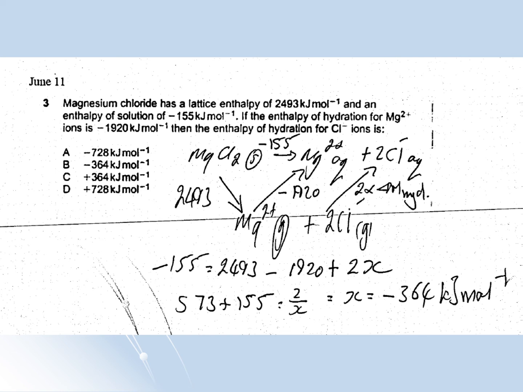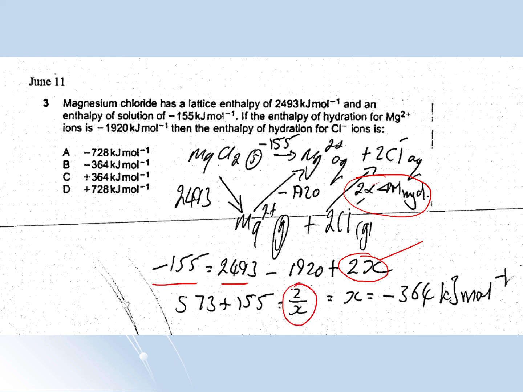Okay, so actually this was very similar to the last question, except you're asked to calculate this time the enthalpy of hydration of the chloride ions. What you had to remember was that the enthalpy of solution was equal to the lattice enthalpy plus the hydration enthalpy of the positive ion, and then it was 2 times the chloride ion, because you had 2. So the energy deficit here was 2 times the enthalpy of hydration of chloride.